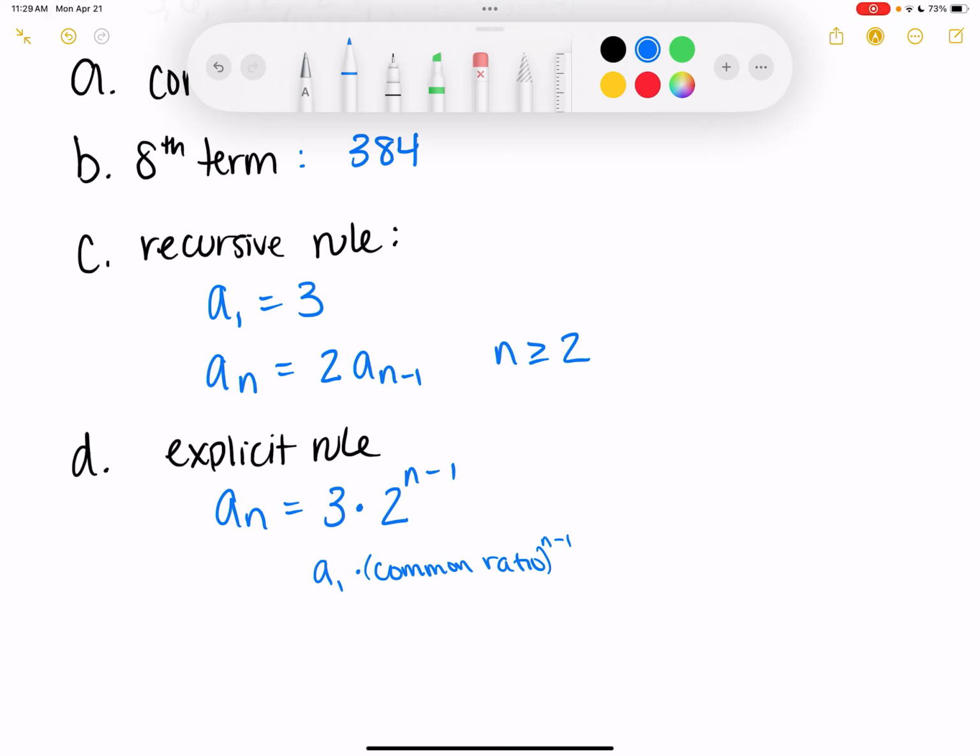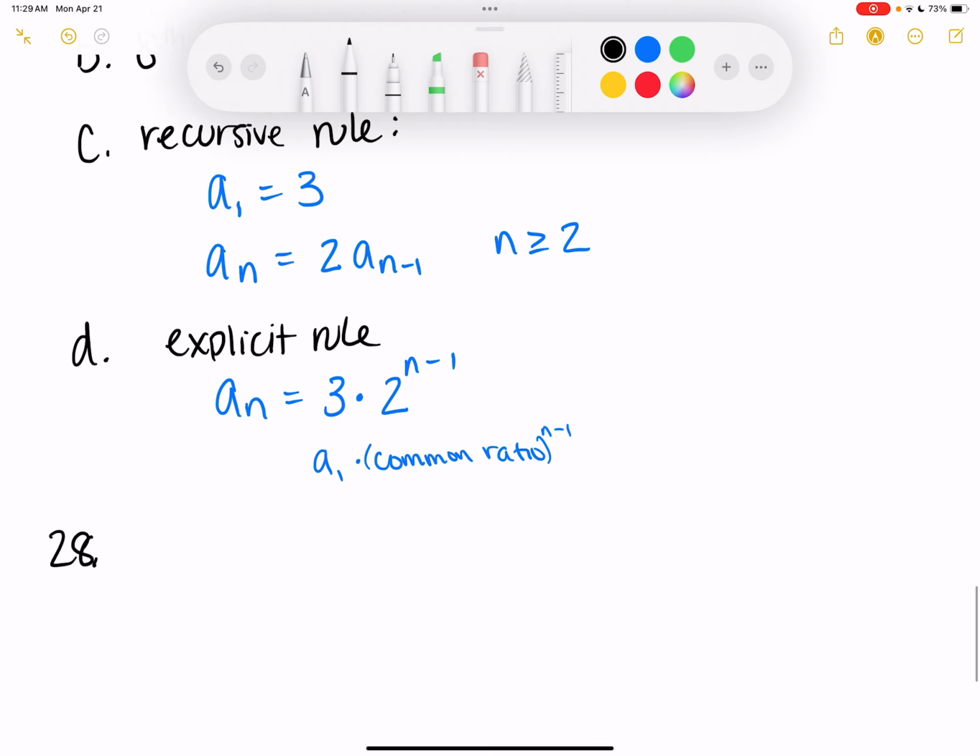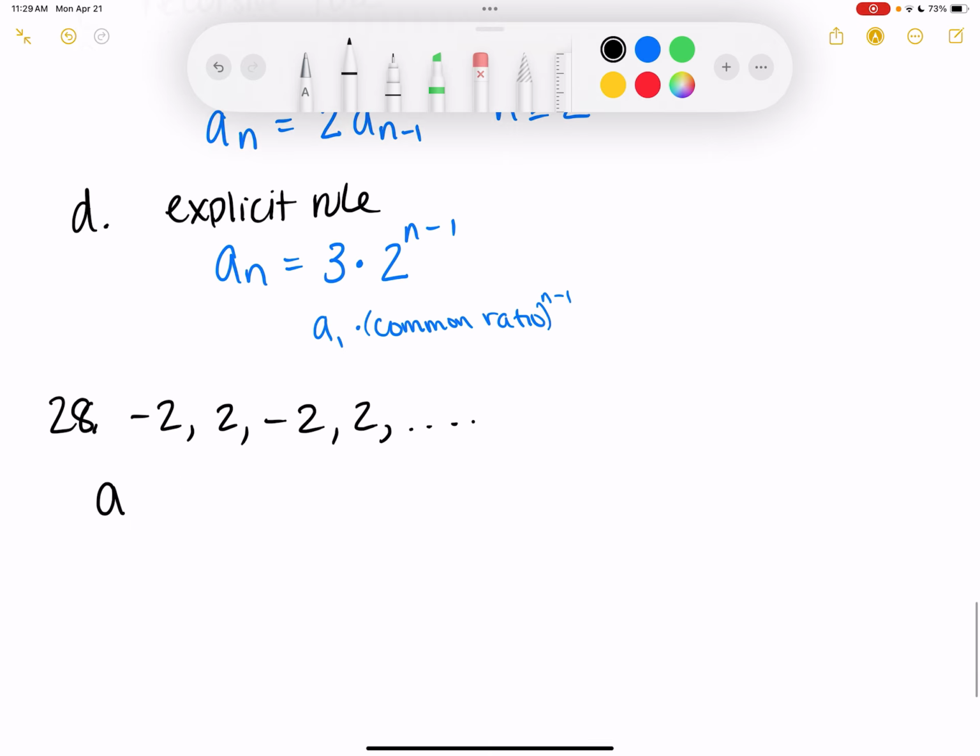Now let's look at 28. We've got -2, +2, -2, +2, and so on. So what is my common ratio on this one? Yep, -1. They're multiplying by -1 every time.